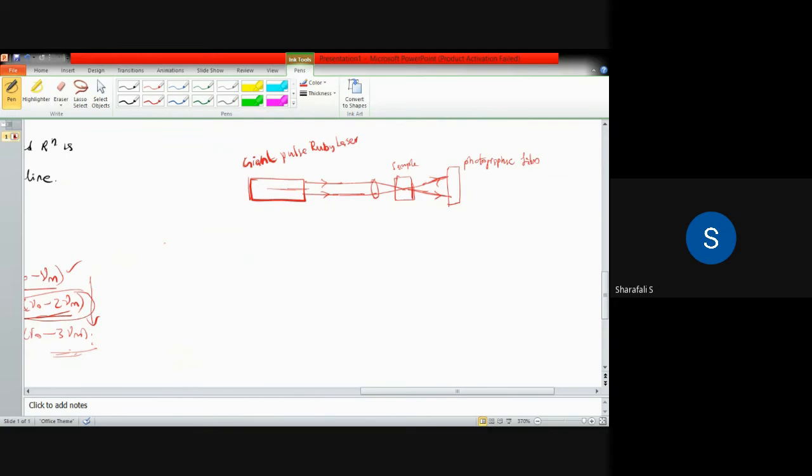This is the second nonlinear Raman effect. When you observe this, it is a three-dimensional figure. There is a three-dimensional propagation of these radiations, and focusing them gives a circular pattern.